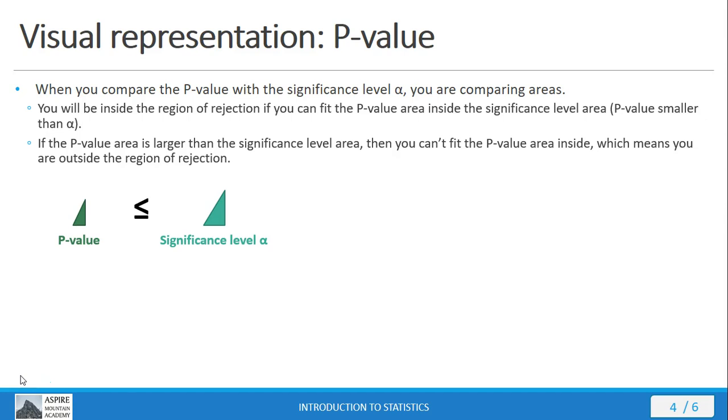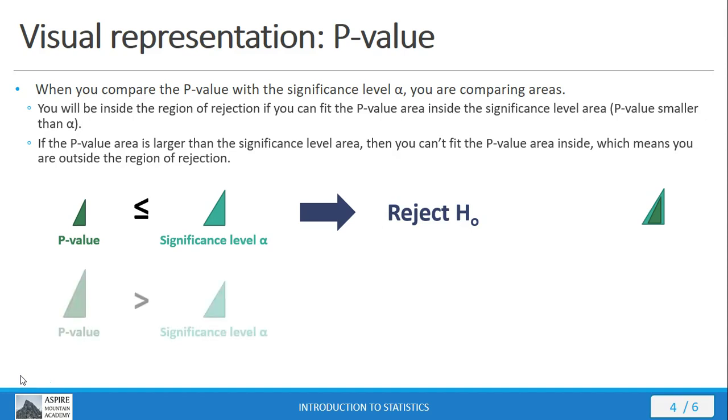So let's say the p-value is smaller than the significance level alpha. That means we're going to reject the null hypothesis, because we can take that p-value and fit it inside the significance level. Imagine them as two different areas, and we take that p-value area and fit it inside the significance level. We are therefore inside the rejection region, and we reject the null hypothesis.